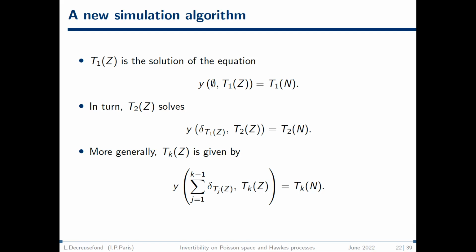That means that you don't have the algorithm by thinning. As with any thinning, you have some rejection, so you lose some points. You simulate too many points compared to what you get in the Hawkes process. Here you lose no point. Every point simulated in the Poisson process has its image in the Hawkes process.